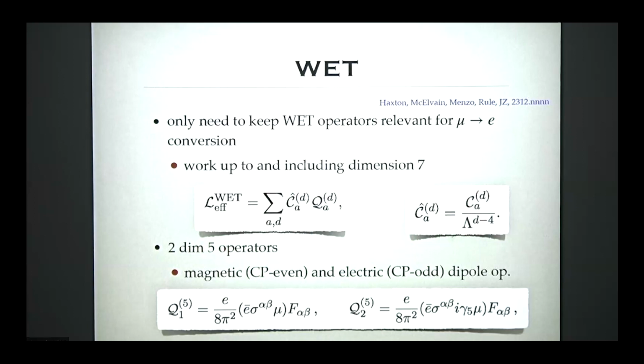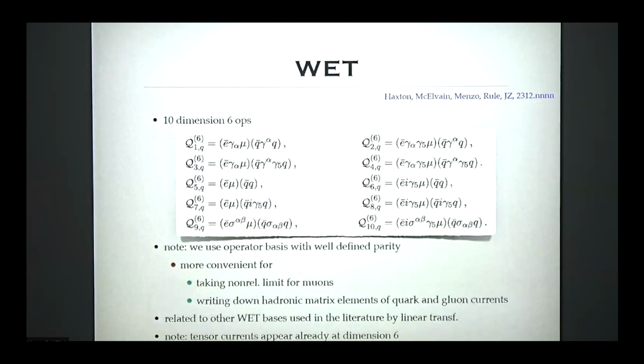At dimension 5, there are 2 operators, the magnetic and the dipole one. If this were not flavor violating, this would be CP even, this would be CP odd. At dimension 6, there are 10 operators.